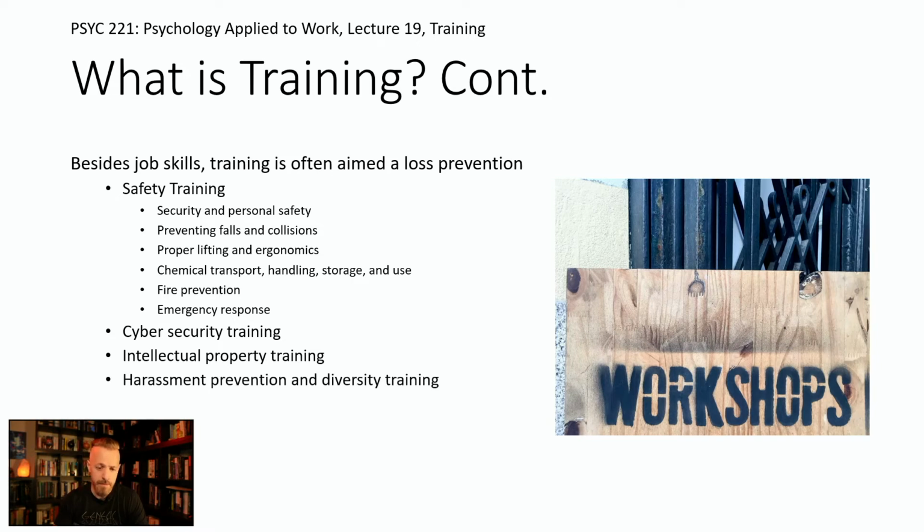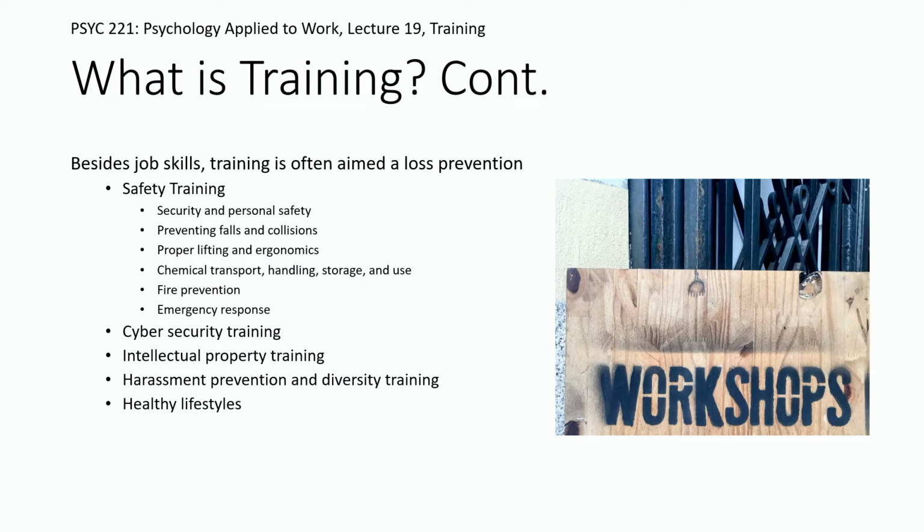A lot of harassment prevention training, a lot of diversity training. The typical American corporation right now is investing tremendous amounts of energy on diversity training. There's often things on healthy lifestyles, especially when companies are paying for the health insurance of their employees.